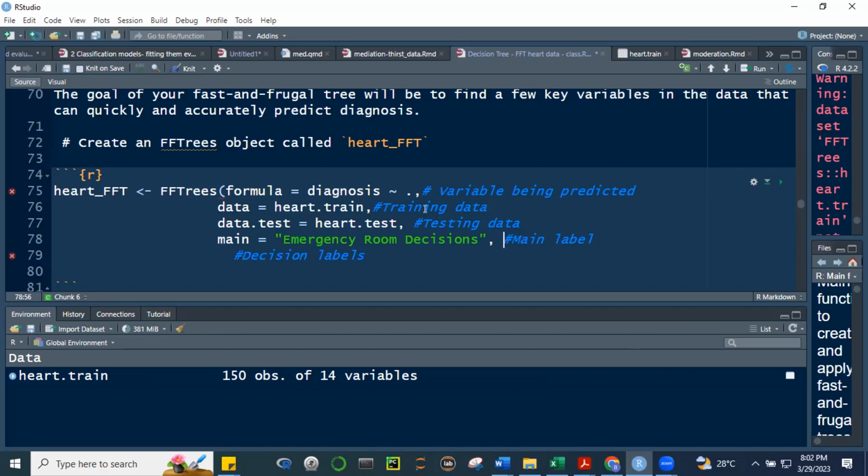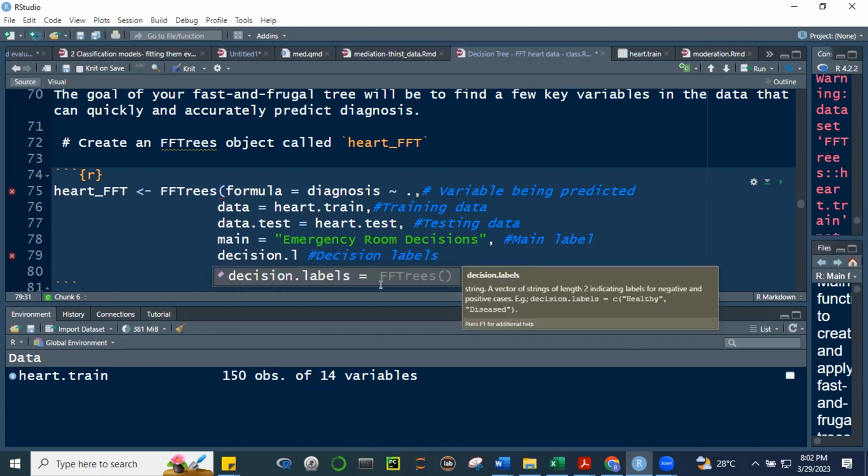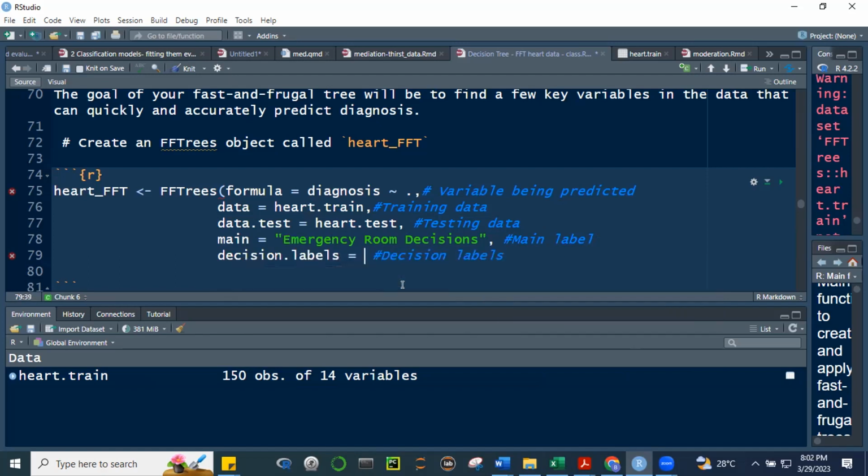And our decision labels, we can put decision.labels. What do we put? Let's combine: when zero, stable, or no heart attack, we'll just say stable. And when 1, with heart attack. So we can see the stable and the heart attack cases.